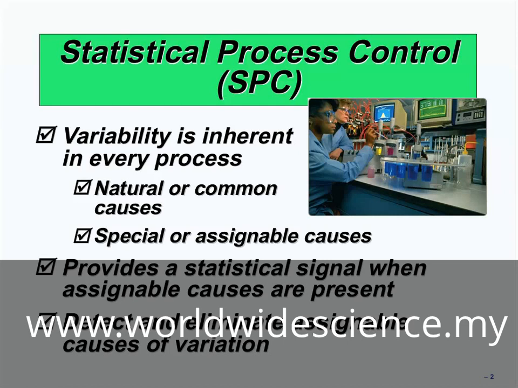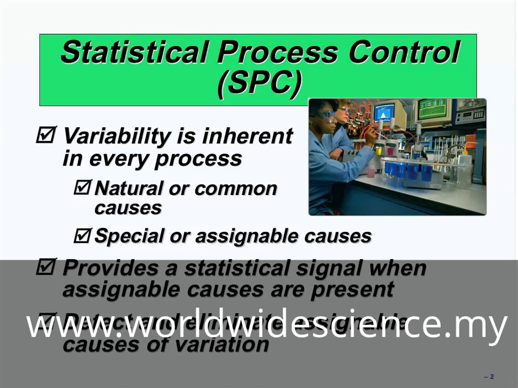Special or assignable causes mean machinery or labor: machinery has broken or labor is doing something wrong. If special or assignable causes happen, we should stop the process. But natural or common causes are acceptable, and we can ignore them because they're natural. They're out of our control in the company. So we deal with special or assignable causes, and we try to detect and eliminate them.